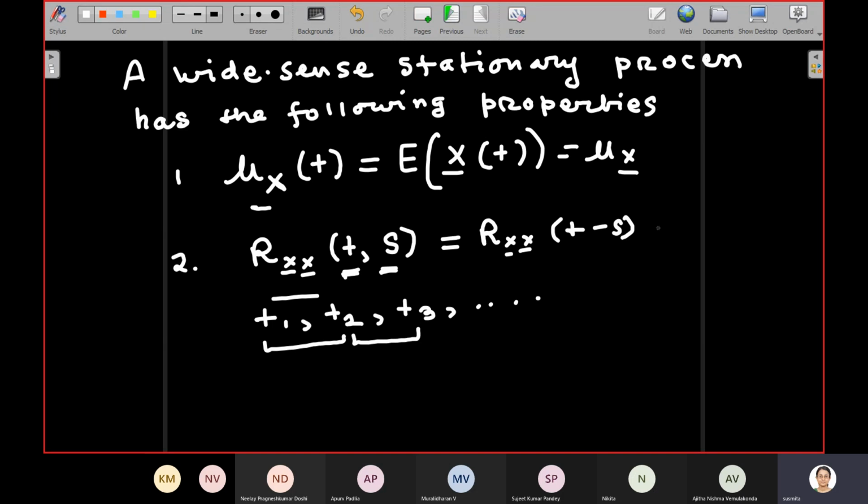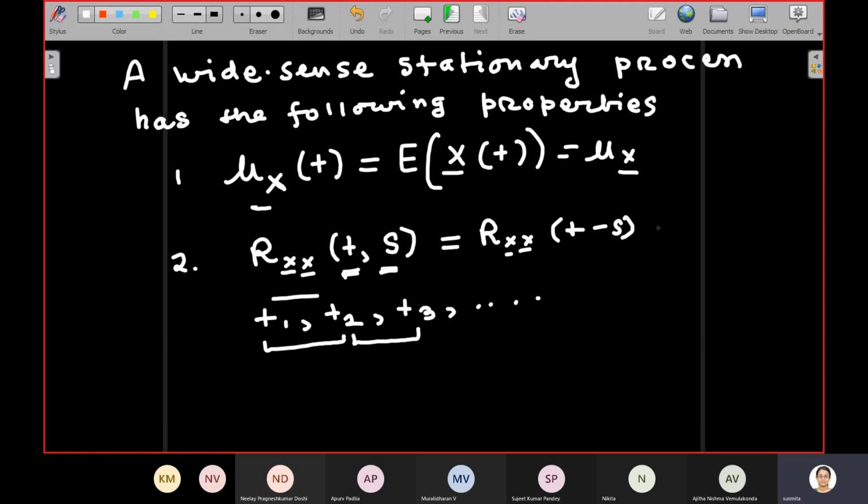Now since here we have a process that evolves in time, just like a deterministic process, it contains important information in the frequency domain as well. We know that in the case of a deterministic process, by seeing the frequency domain properties, we can infer its behavior in the time domain.